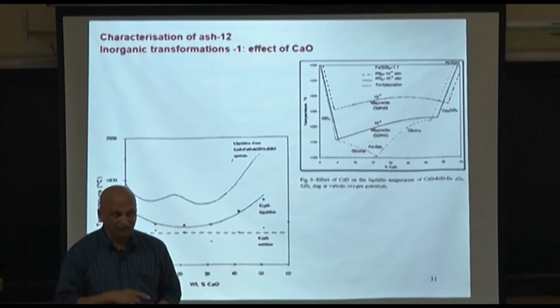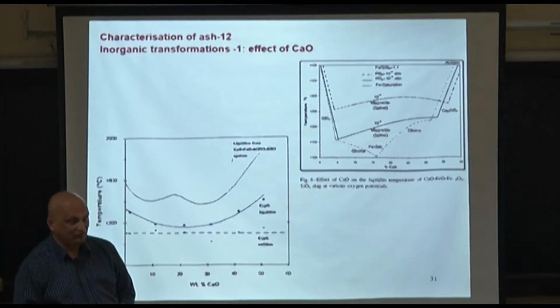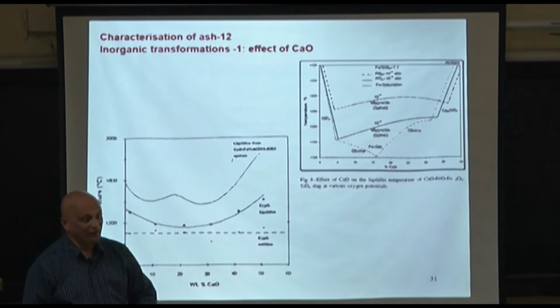Is it measuring the particle's temperature, or is it measuring the temperature of the void? Who knows? Sometimes it may be measuring the particle temperature when the particle is very close to the tip of it. Sometimes it may be measuring the temperature of the gas that's sweeping past it.